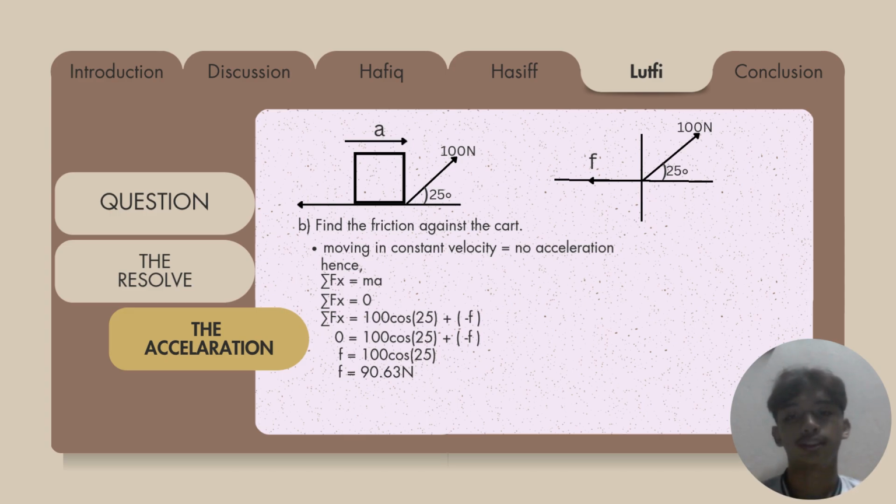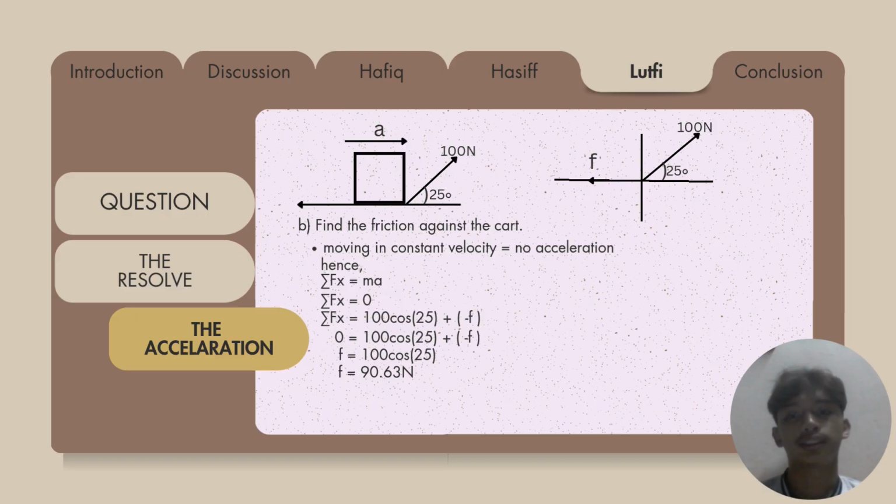Since the question mentioned the movement of the cart is at a constant velocity, that means there is no acceleration applied to the cart. So acceleration equals 0. And by using Newton's second law, we can use the formula F equals ma, where m and a represent the mass and acceleration, and F will be the summation of component x. So the summation of component x equals ma.